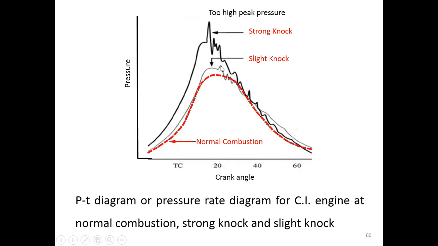This is considered a slight knock. So it goes like this, and then it gradually dies out. You don't see any pulse here, or if you see it, it's very, very small, not like the first one, which still has a noticeable pressure pulse. And for normal combustion, you don't see any pressure pulse.